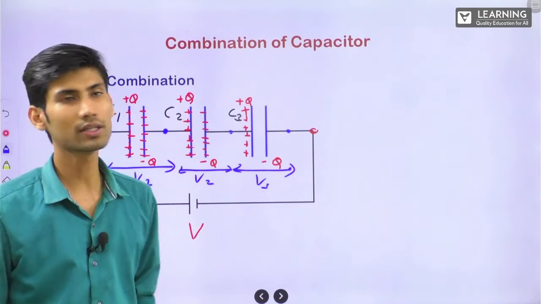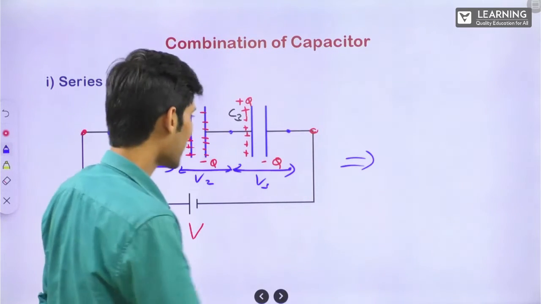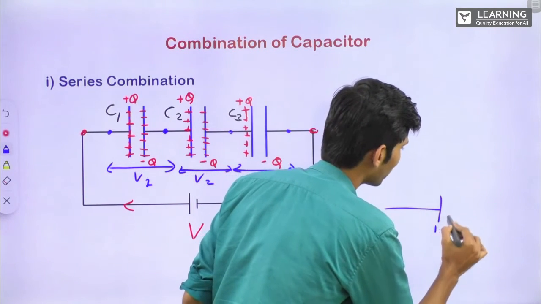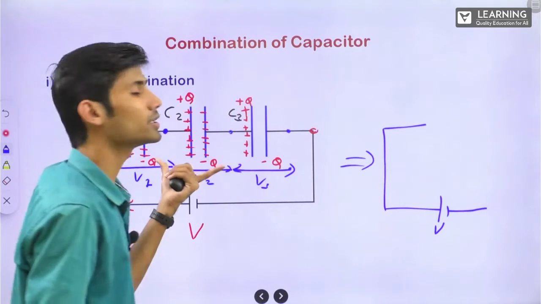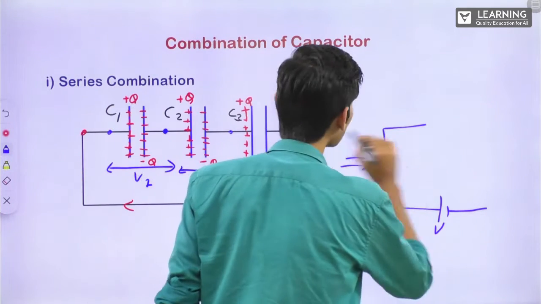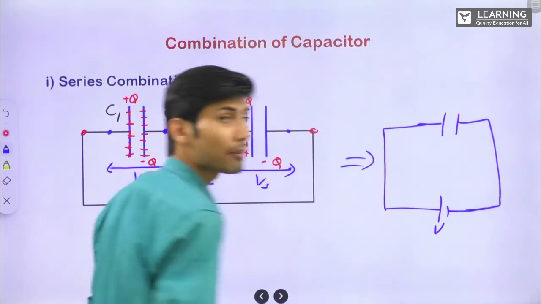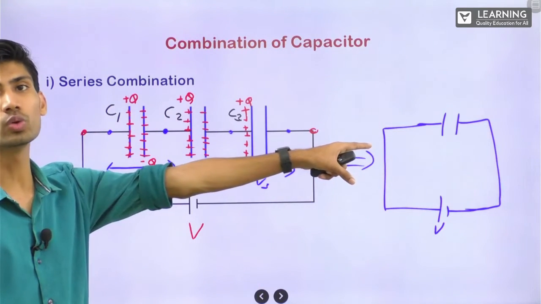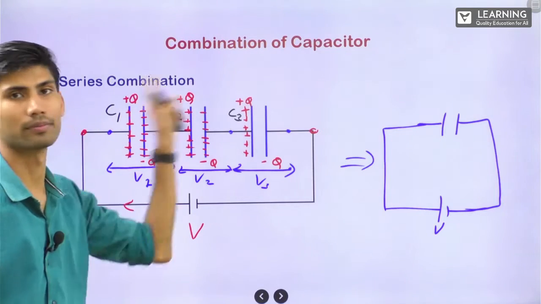What does C equivalent mean? If I want to make a system such that the battery is providing V voltage, I want all the three capacitors to be replaced with one capacitor whose capacitance should be equal to the capacitance due to all the three.